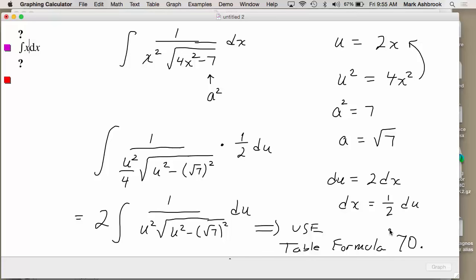So now you just apply the table formula, and the answer is going to be square root of u squared minus 7 over 7u. And then we have to change back to our x according to what we called u. So you just write down the antiderivative because we have it exactly in the form that they had in the table, and then change your variable back.